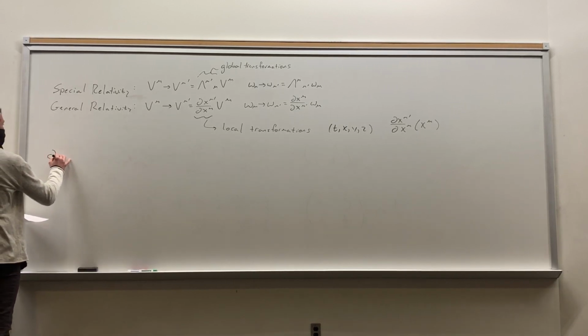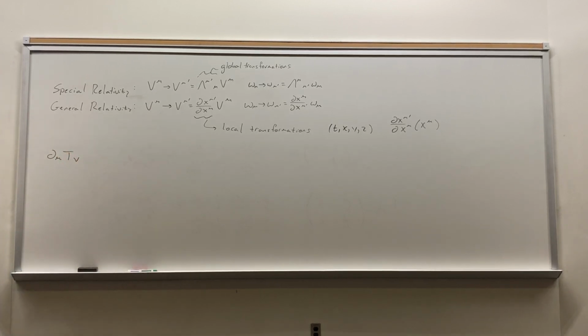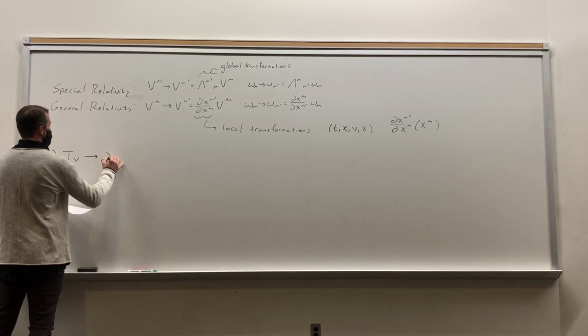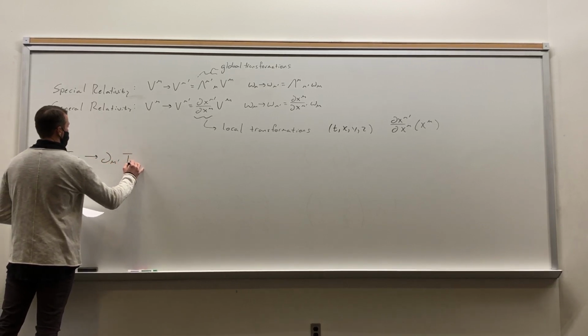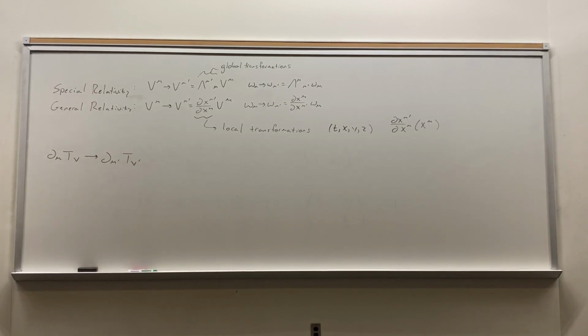Consider the derivative of a tensor. I'll just take a simple dual vector tensor. It doesn't really matter. If we transform this, you might say to yourself, well, this is a two-rank tensor.